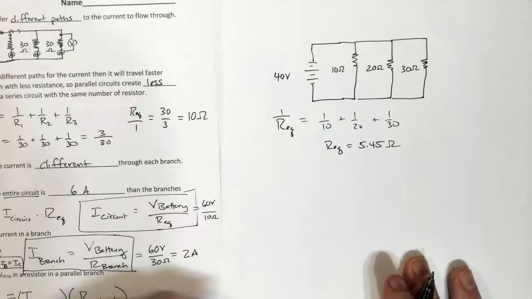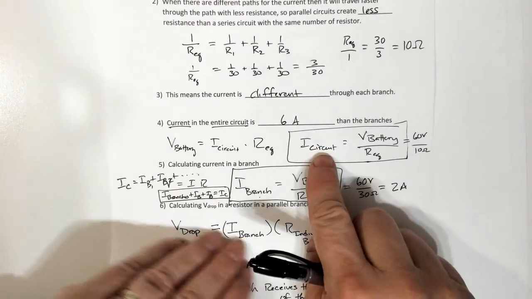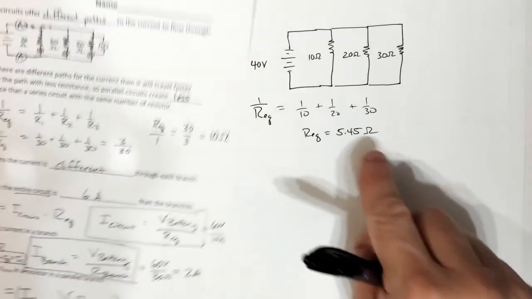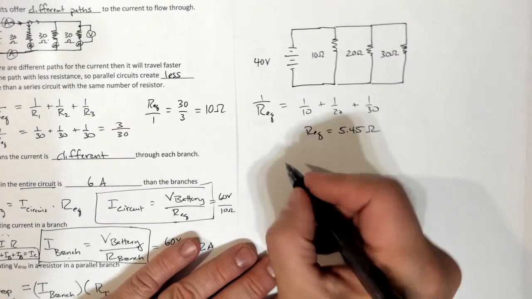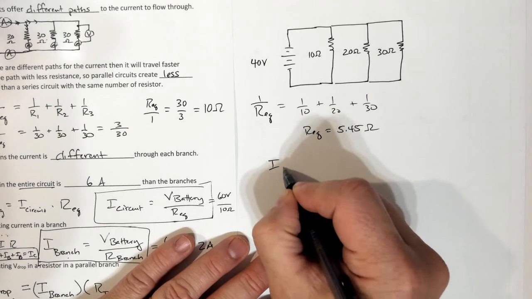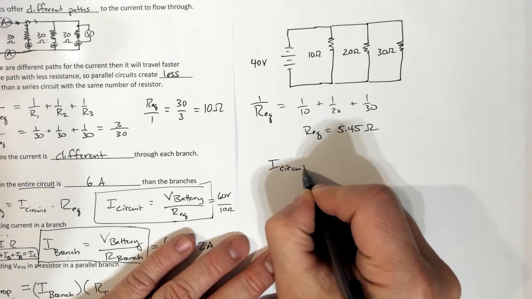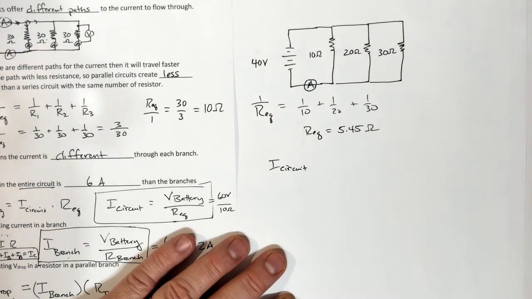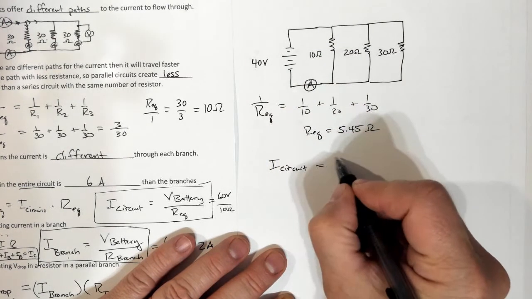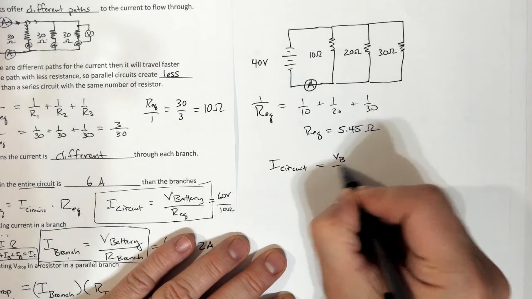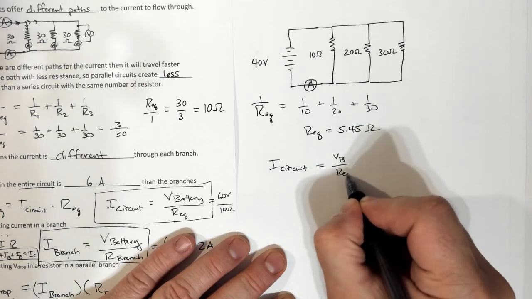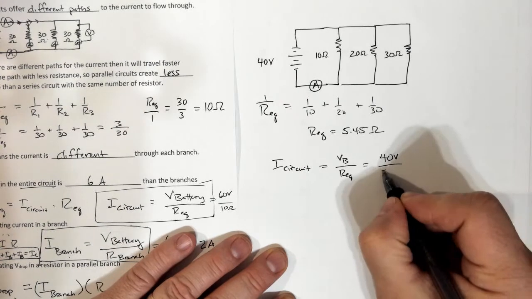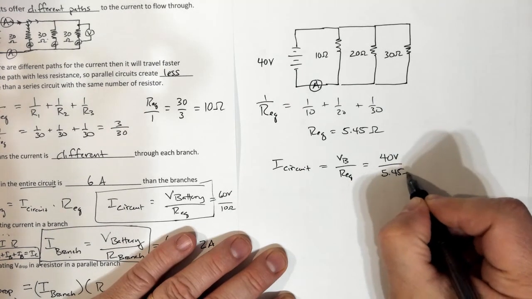But then I ask you, well, hey, what is the total circuit current? I would need to know the battery and the total equivalent. So all I would need to do to find the current that is in the entire circuit would be the battery over the R equivalent, which is going to be 40 volts divided by 5.45 ohms.